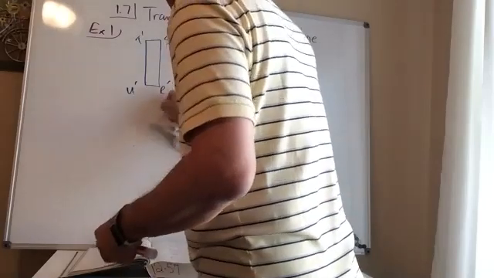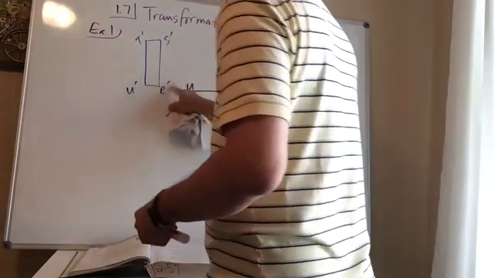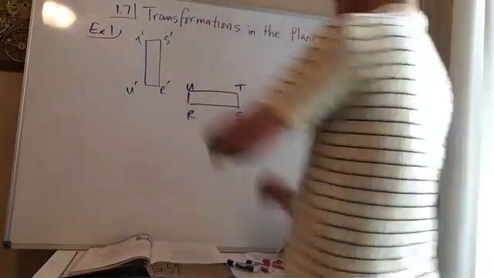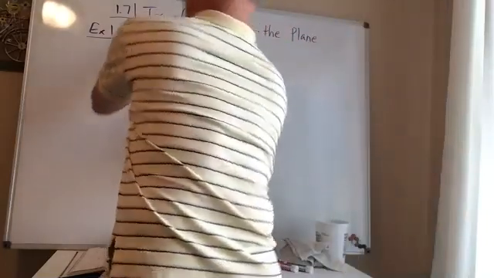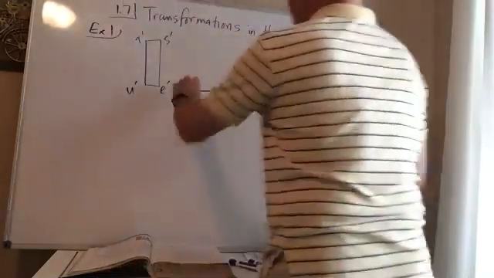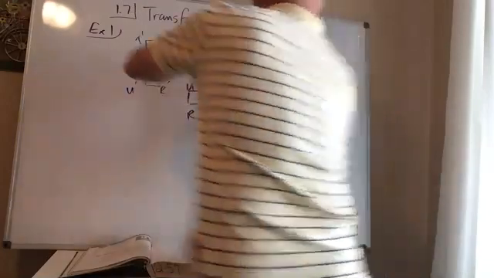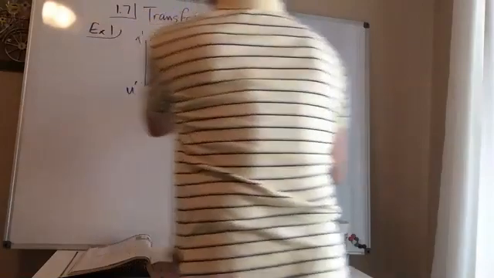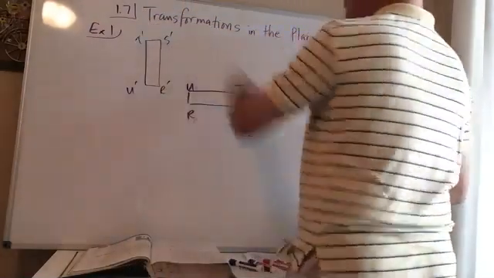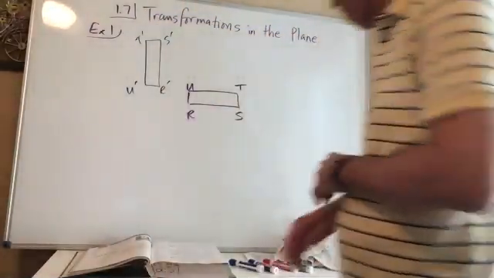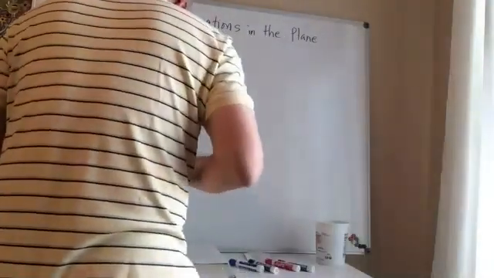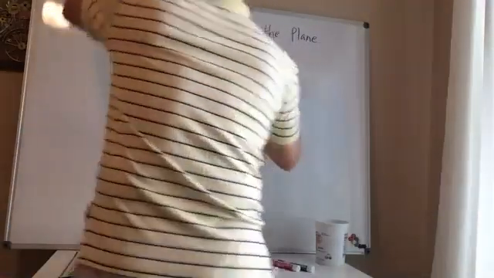By process of elimination, all we have left is rotation. And if you look at it, it makes sense. I go from here and I rotate across like that. And the U that was here goes to U prime, R that was here goes to R prime. Again, the T becomes T prime, S becomes S prime. Okay? So that's how that works. Okay, let's go to example number 2.